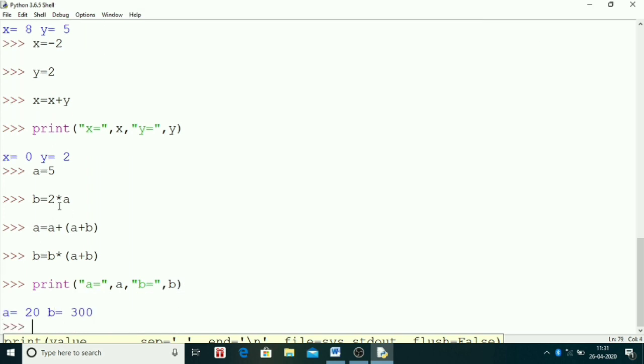A is 5, B is 2 into A. That means 10. Now B is 10. Now A is 5 plus A plus B. A is 5, 5 plus 10, 15. 15 plus 5, 20.